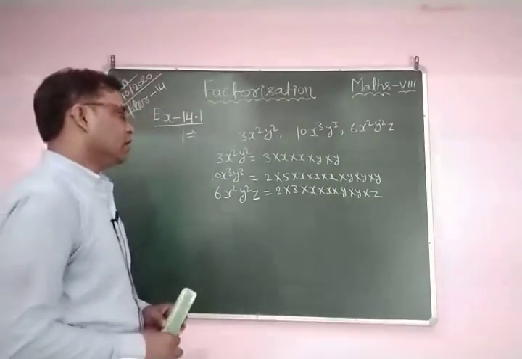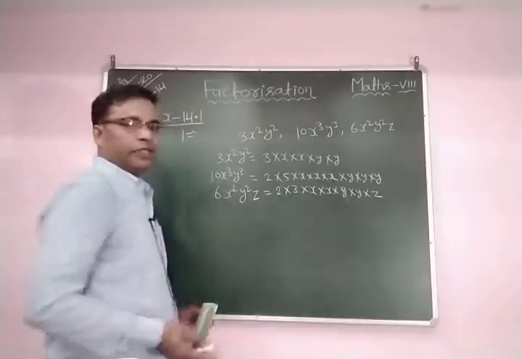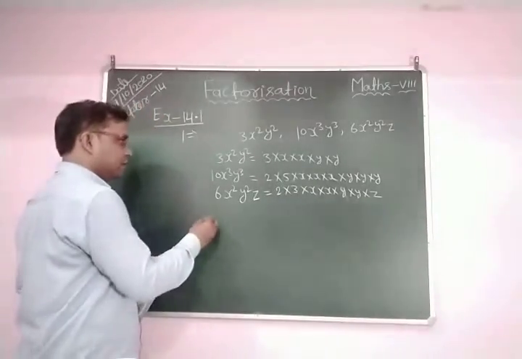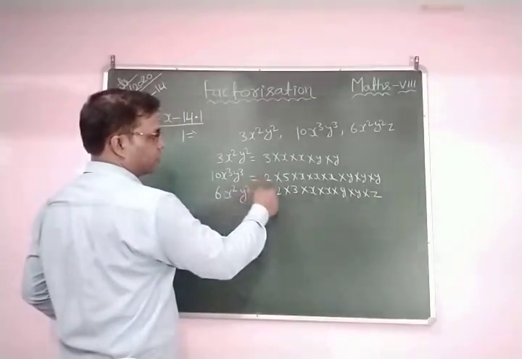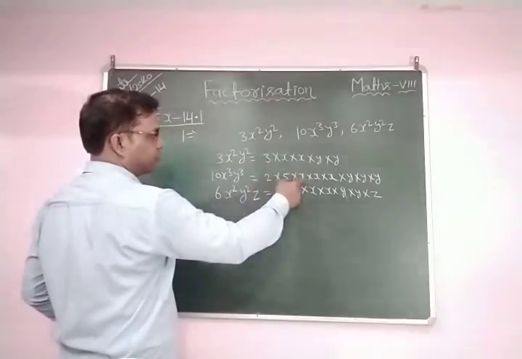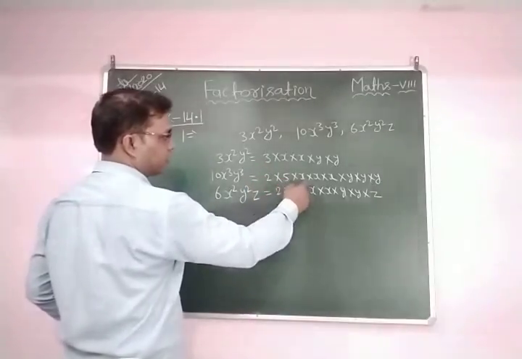So what is the common factor between them? Here there is a 3, but not in the others, so we need x, how many x?